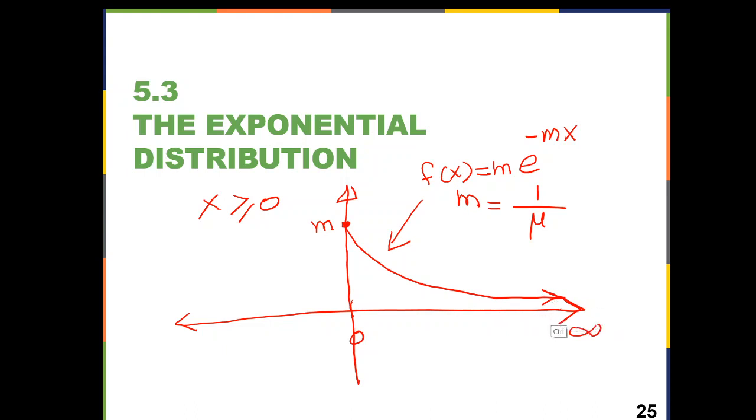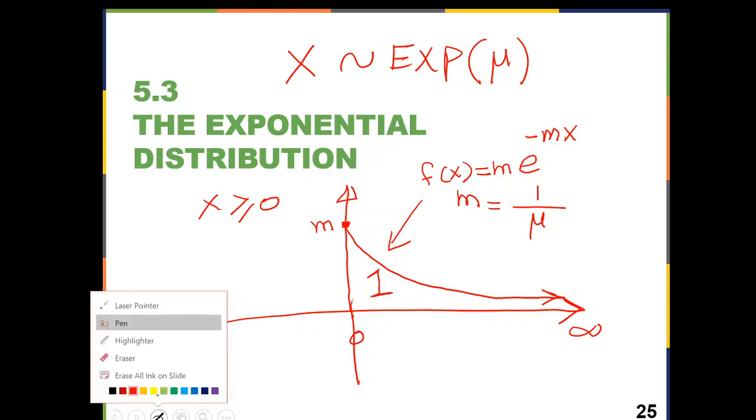Never crosses the x-axis. But here's something very interesting. This whole area is 1. All of this wide area, all the way to infinity, come back over here, all the way to the y-axis, is 1 unit. So that's the exponential distribution we're going to talk about. And the notation for it is that x is exponential, and the parameter for it is actually m.